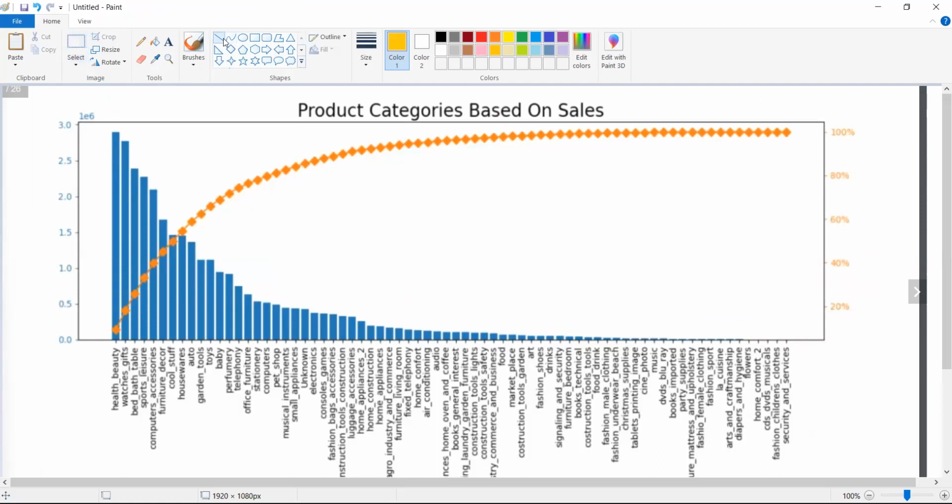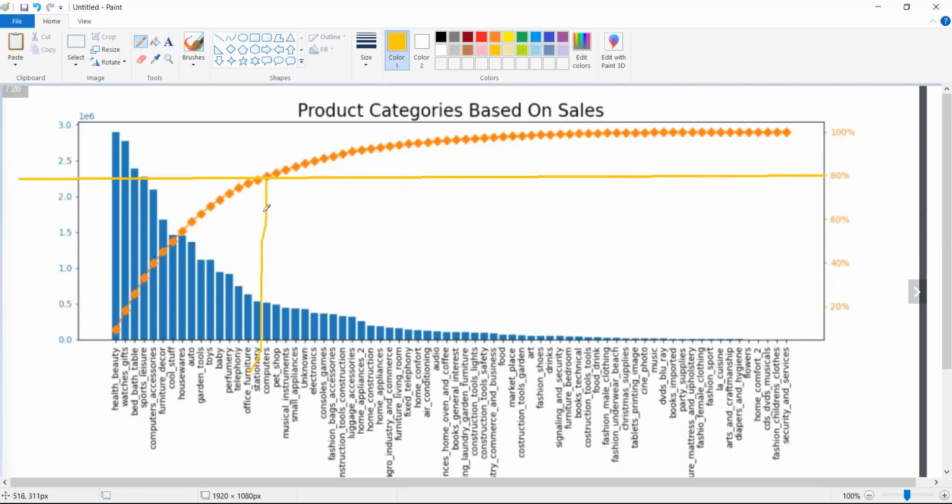When you say 80%, it need not be exactly 80%. It can be 75 to 85%. So let's say it is 80% here, I draw an 80% line, somewhere here. So what it says is, this is about 80% of sales.